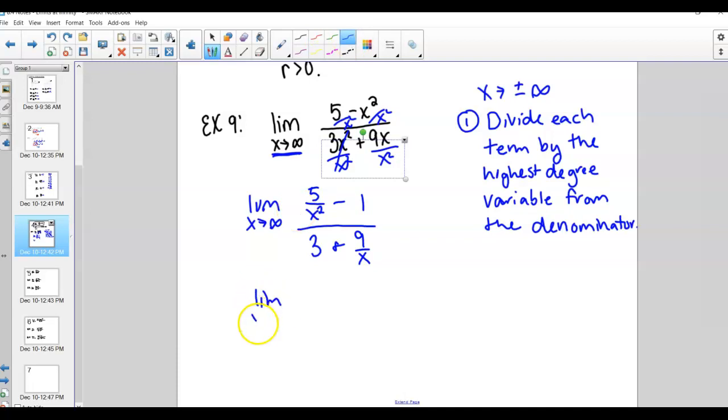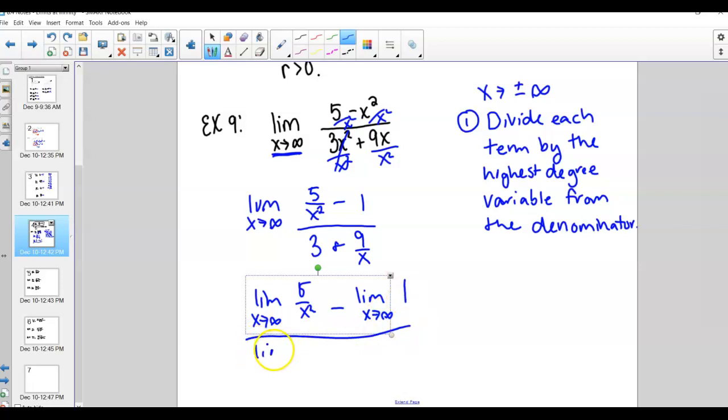I can do the limit as x approaches infinity of 5 over x squared minus the limit as x approaches infinity of 1 over the limit as x approaches infinity of 3 plus the limit as x approaches infinity of 9 over x.